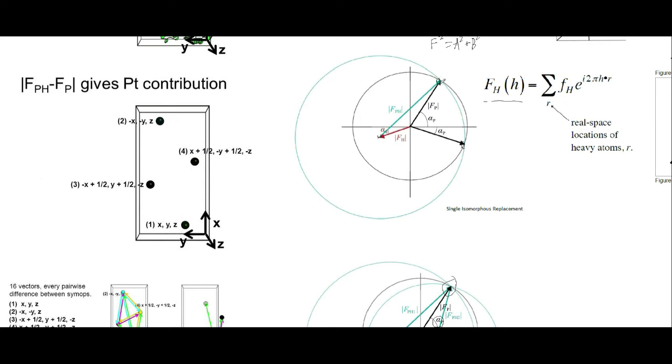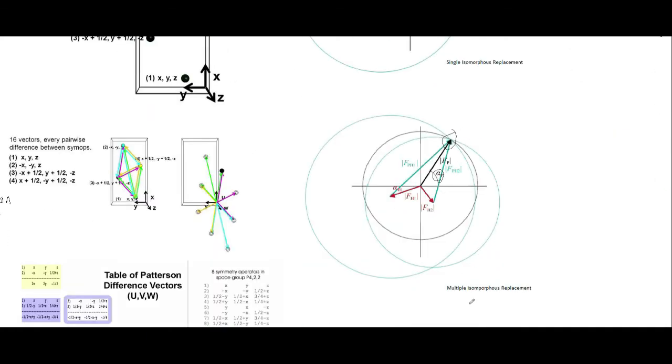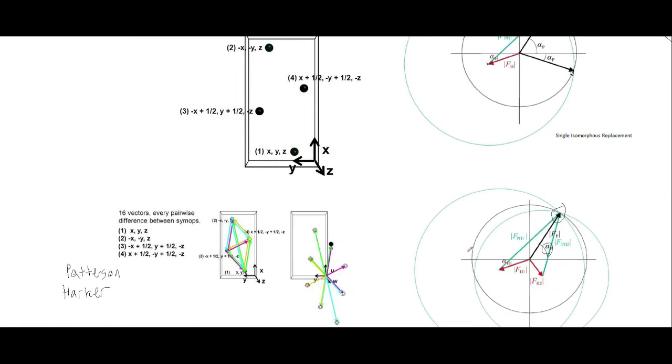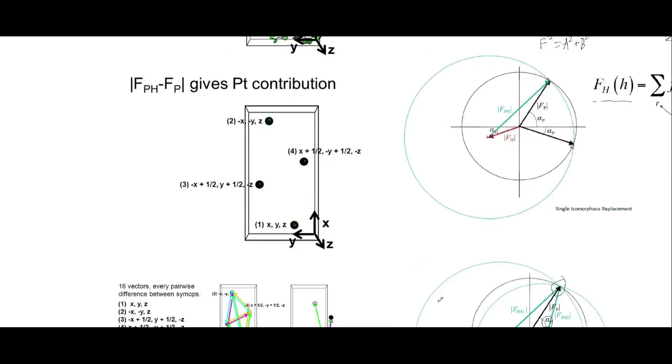And then we can get the overlaps, which gives us the phases of our protein. And then doing the multiple isomorphous replacement, we can then narrow it down to a single possible phase for our crystal structure. Like I said, I did not go into the Patterson maps or anything like that.